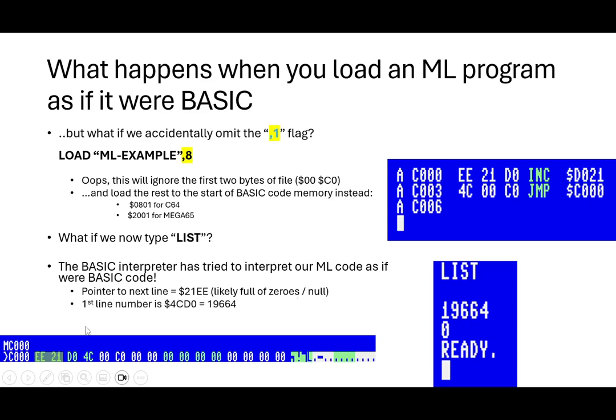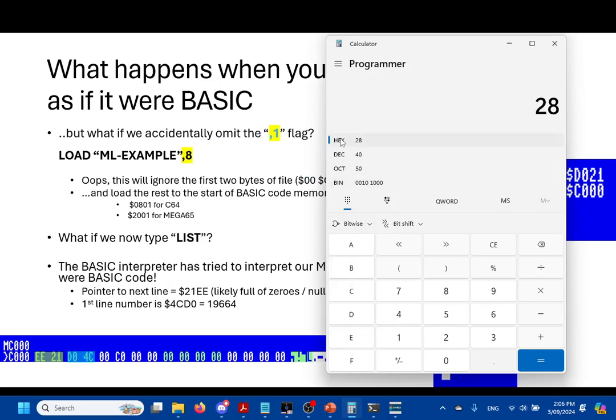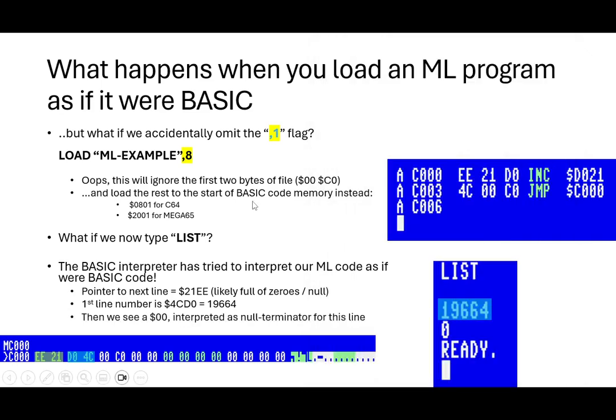So the first line number would be the next 2 bytes. You see the first line number is 4CD0, which is this funky number we're seeing. You can confirm that in your calculator if you like. Go to hex 4CD0. All that weirdness you're seeing is because it's interpreting machine language as BASIC code.